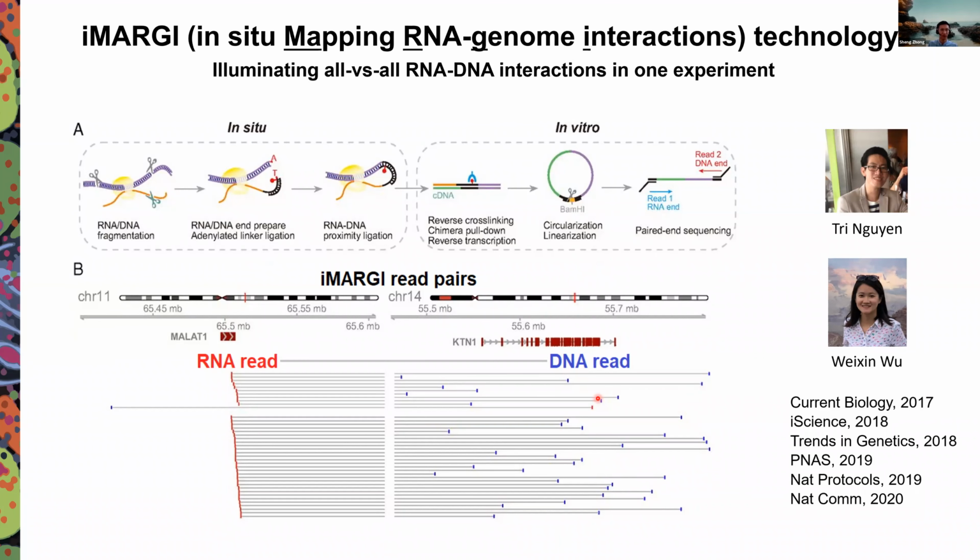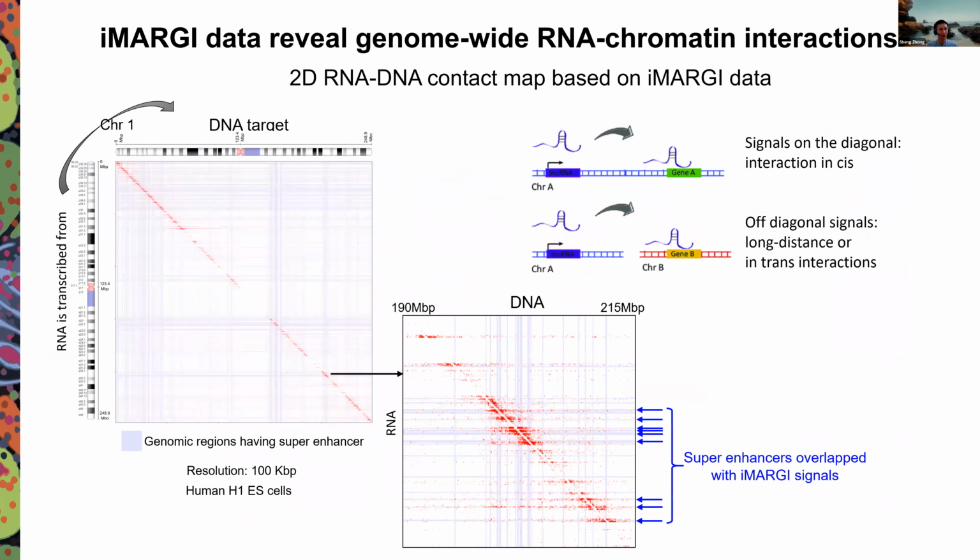And these read pairs are used collectively to infer an interchromosomal interaction between the MALAT1 RNA and the genomic sequence around this target gene. So this type of data, genome-wide, is typically now summarized into an RNA versus DNA contact matrix.